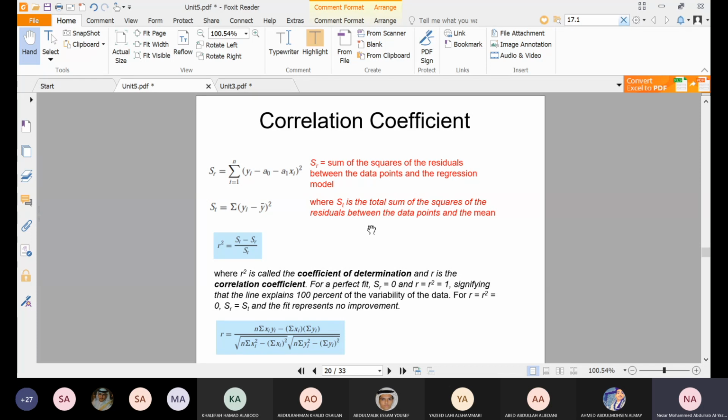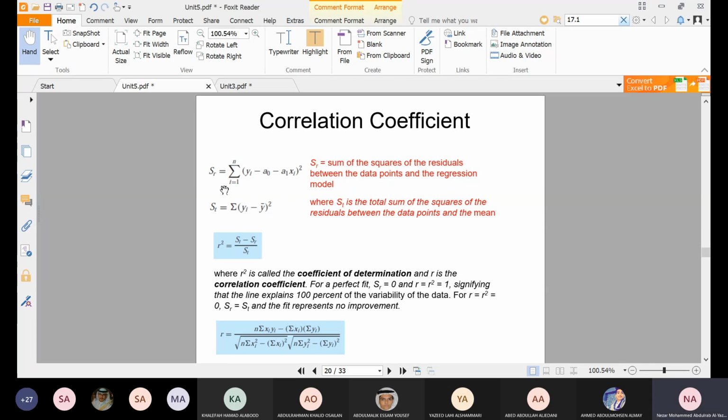The correlation coefficient is equal to St minus Sr over St. St quantifies the spread of the data about the mean, and Sr quantifies the dispersion of the data around the best fit.